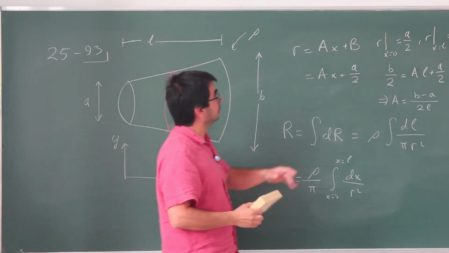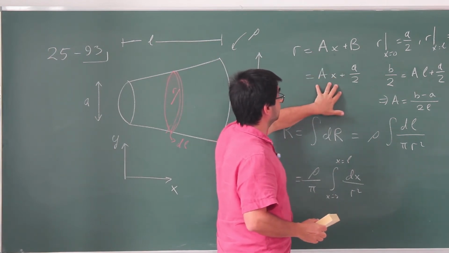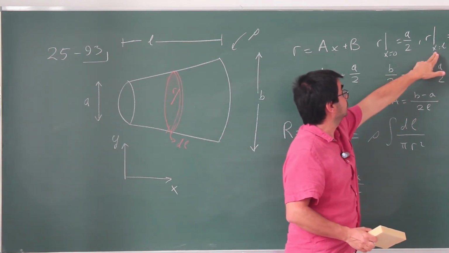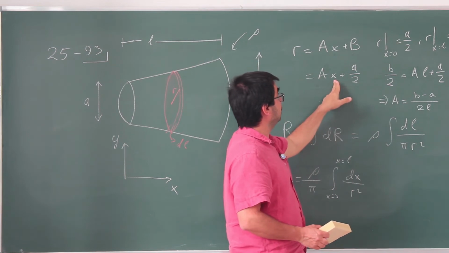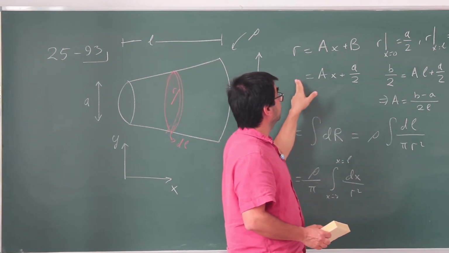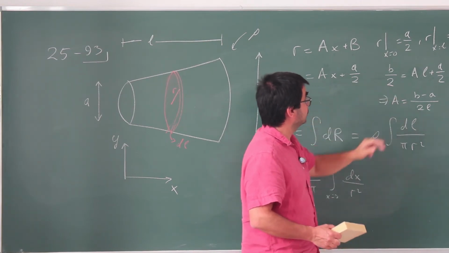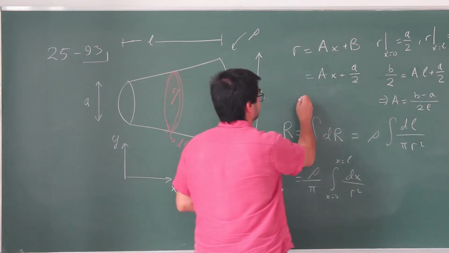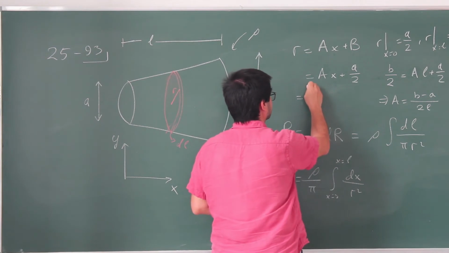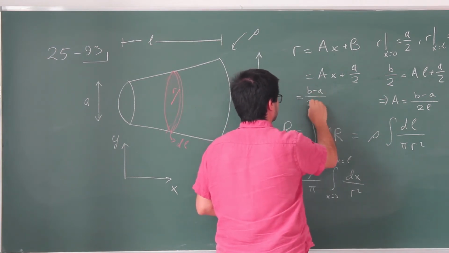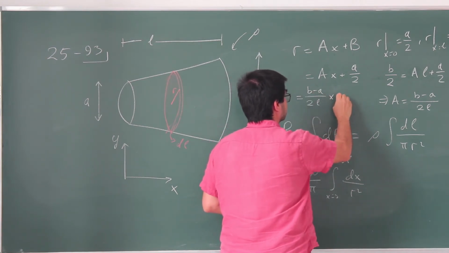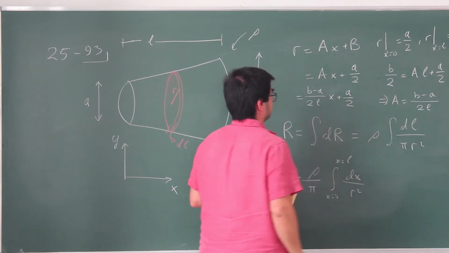Okay? So I just took this and substituted this condition. I substituted L in place of x and b over 2 in place of r, giving me this equation. I solve it for a, I get this answer. Now I can substitute it over here. So this is going to be b minus a over 2L times x plus a over 2.